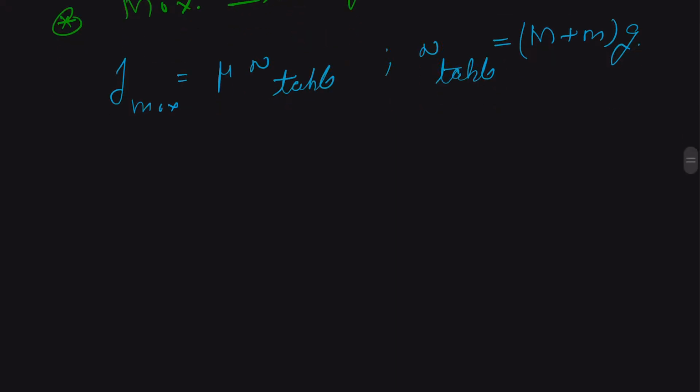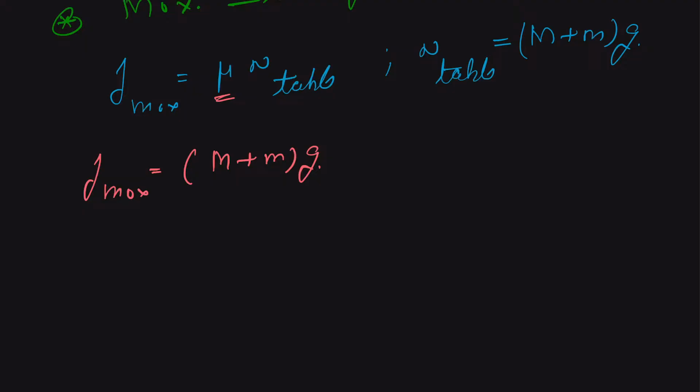Therefore, the maximum value of the friction will be mu, which is 1, so we just put 1, times (M plus small m) times g, and this is our maximum value of the friction.